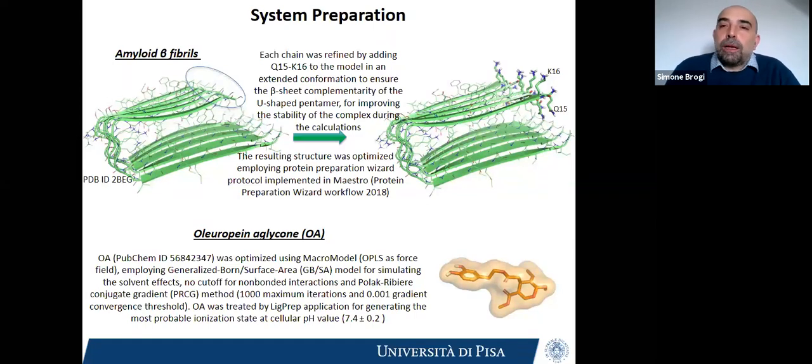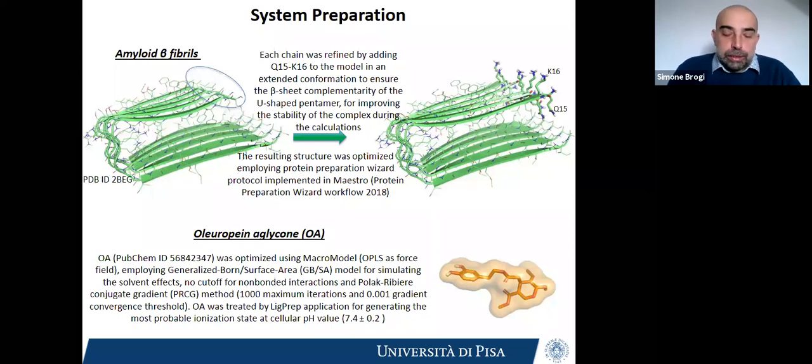After this first extensive refinement, we performed a further optimization of the resulting structure employing the Protein Preparation Wizard protocol implemented in the Maestro molecular modeling suite.